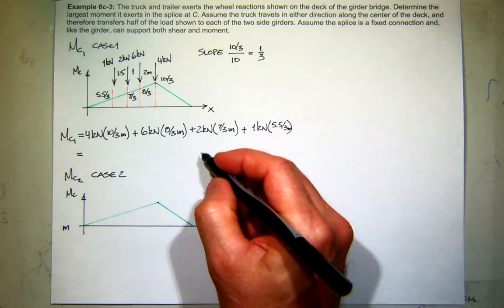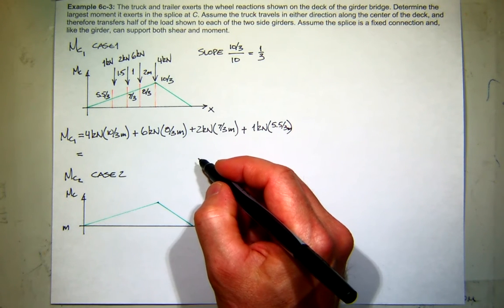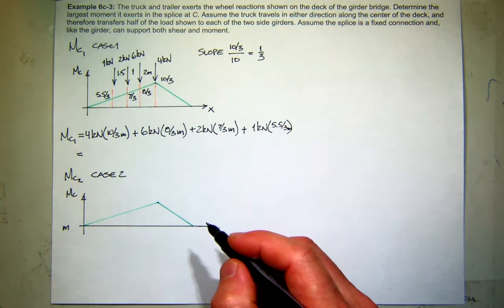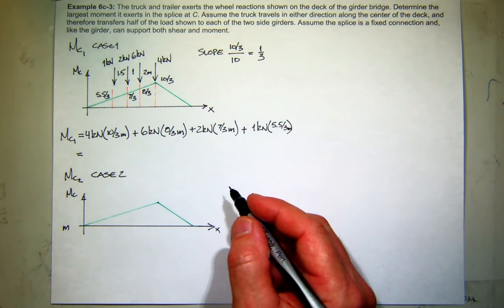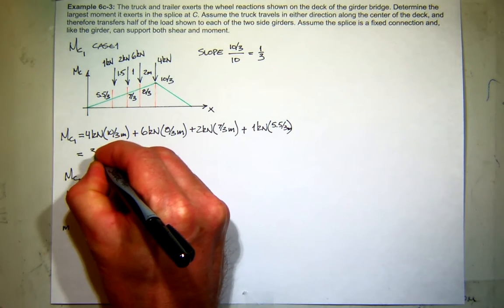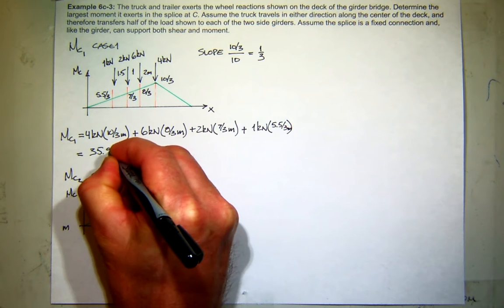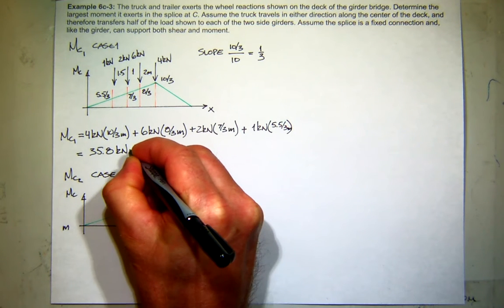Anybody get a number for this? Nobody? I got 35.8. 35.8? Okay, cool. So that'd be 35.8, and that's going to be kilonewton meters.